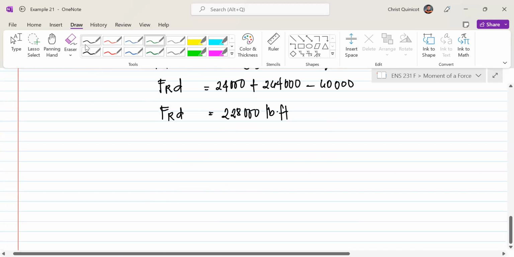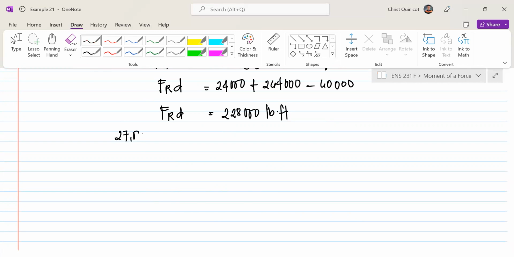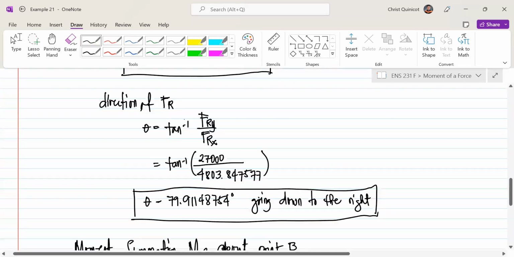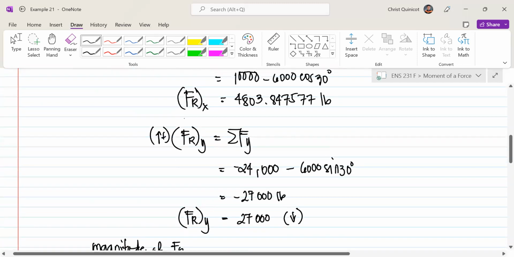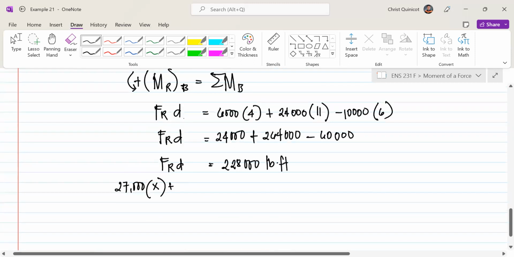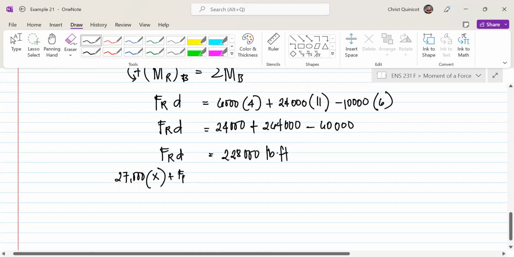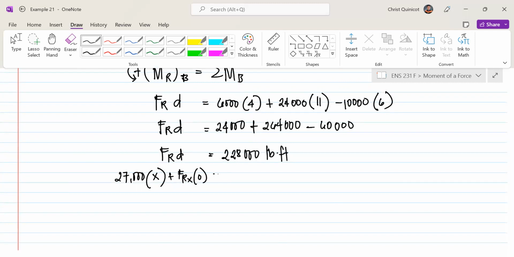So 27,000 times x plus F sub Rx times 0 is equal to 228,000 pound-feet. I will not write the entire value of F sub Rx because it's quite long.